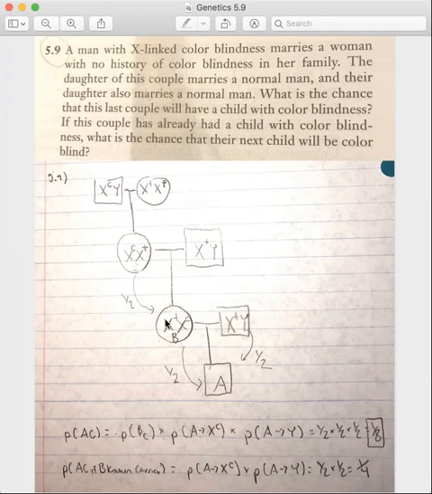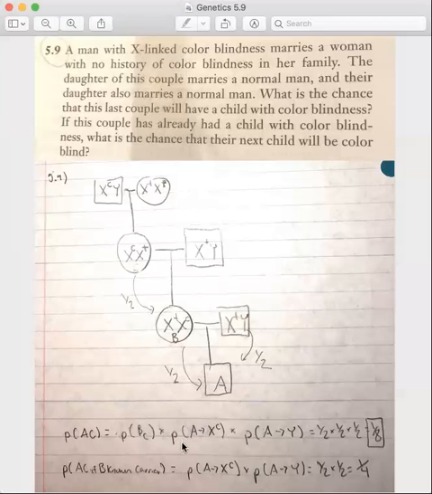And then the mother has to pass on the X chromosome to the child in order for that child to be colorblind. The other condition is that that child has to be male, so the father has to pass along that Y chromosome to the child. So it has to be a male that also gets that colorblind allele from the mother.